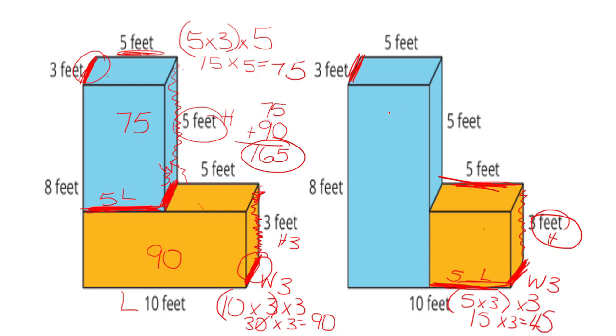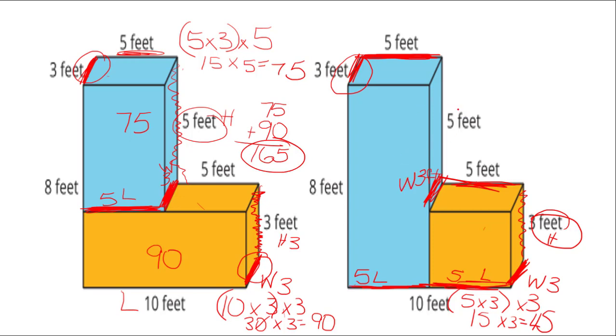Okay, now let's look at our blue one. All right, length. Well, it's missing, but it has to match this top one. So it has to be 5. So this blue and this orange would equal my 10. So that would be my length. What about width? Well, that's going to match this width. So that's going to be 3. And what about my height?